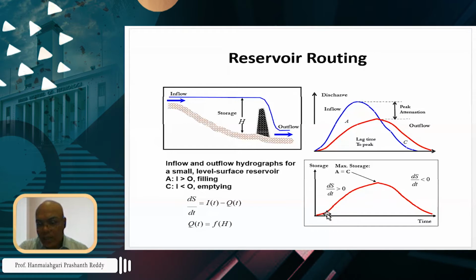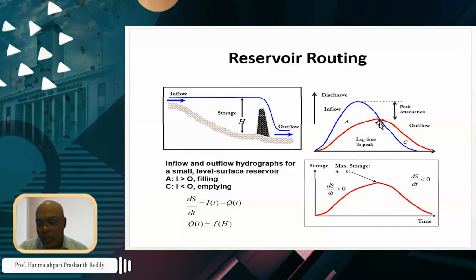And you can see that as the storage is increasing, that is dS/dt is increasing, okay, because here the x-axis is the time and y-axis is the storage. So dS/dt is greater than 0, and dS/dt will be 0 at this intersection where the inflow hydrograph meets the outflow hydrograph.